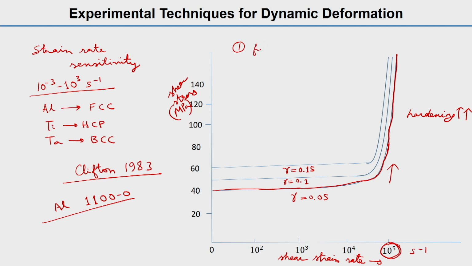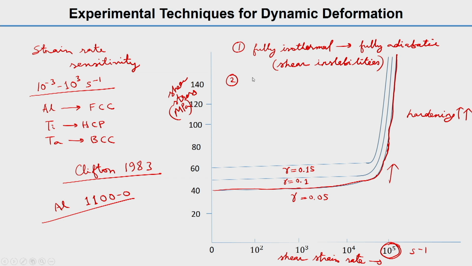It changes from fully isothermal to fully adiabatic. We will discuss more about this in later chapters. This can give us the shear instabilities or shear bands.